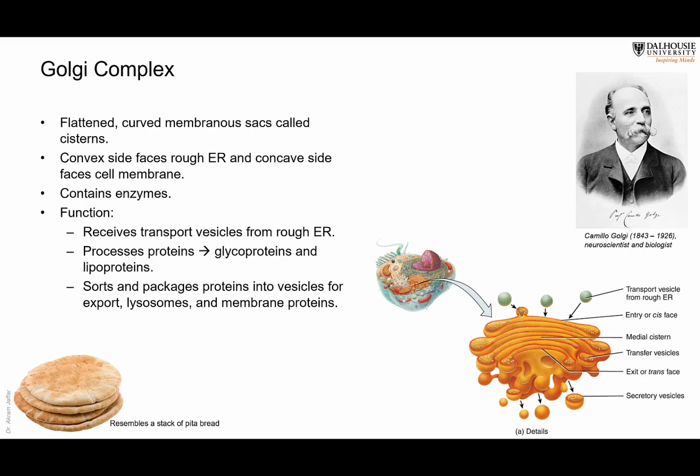The Golgi complex, again, is a group of flattened sacs. So they are bundled together like a stack of pita bread, and they are flattened, curved membranes. They are sacs. It is the place where most of the processing of protein will take place.